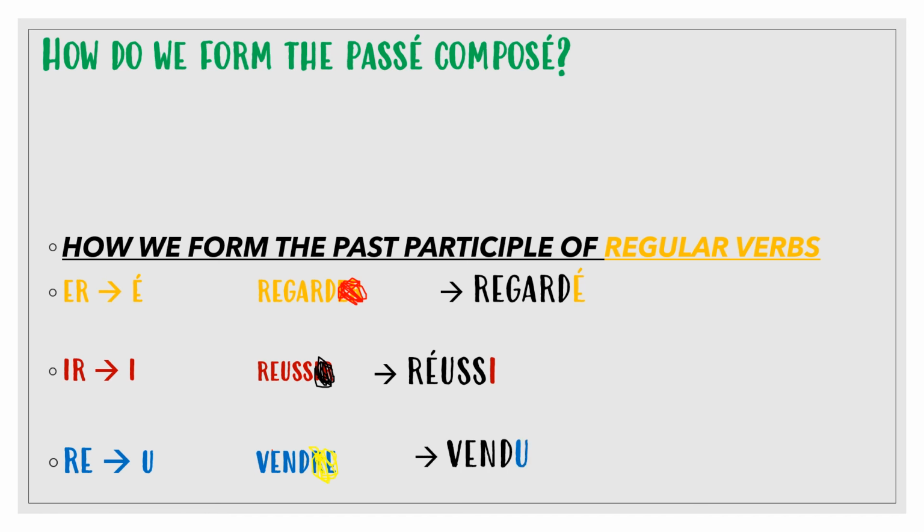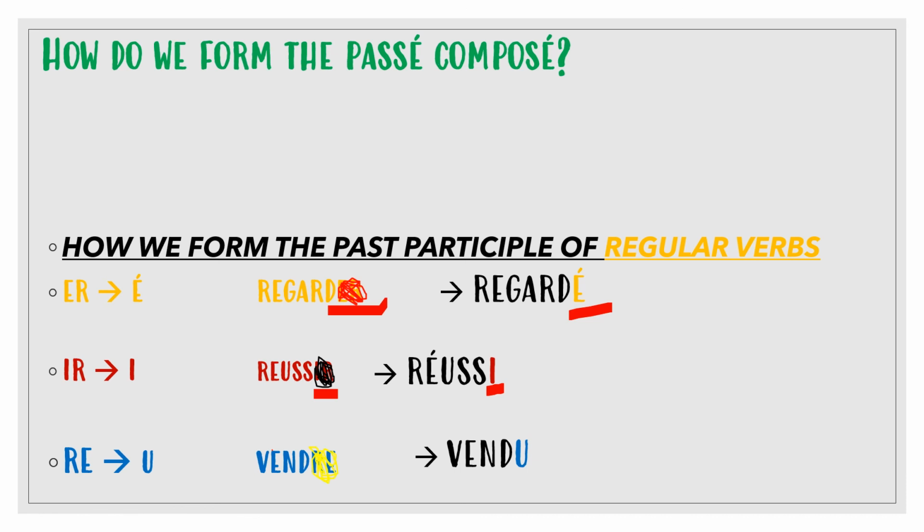Okay? So, how do we form the past participle of regular verbs? For the verbs in the ER family, you drop the ER and you add an E. For the verb regarder, you're going to get regardé, pronounced the same way. For réussir, IR verbs, you drop the IR and add an I and you get réussi.